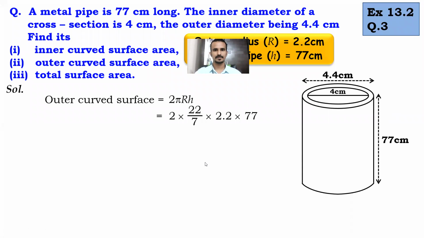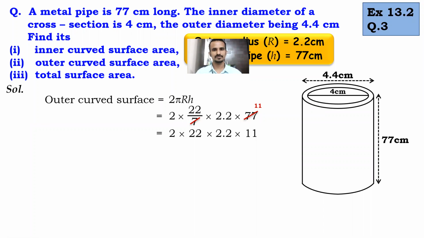So again, 7, 11, the 77. The only difference here is instead of 2, we have 2.2. So we just have to take care of that decimal also. So we can first multiply 2 into 22 into 2.2 into 11.